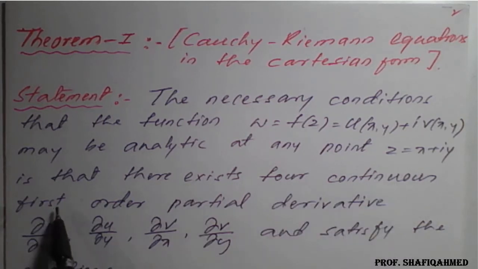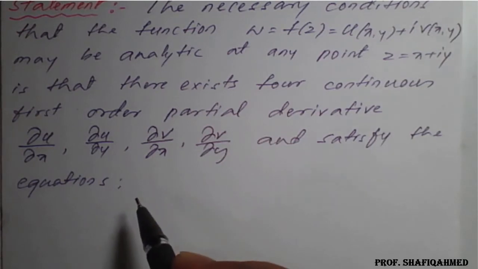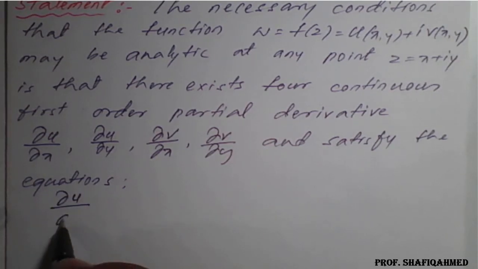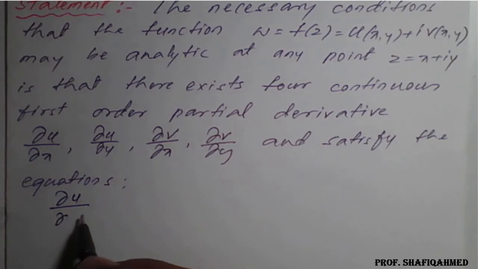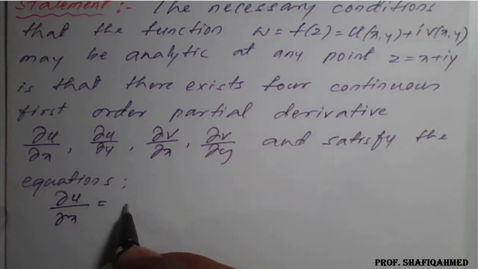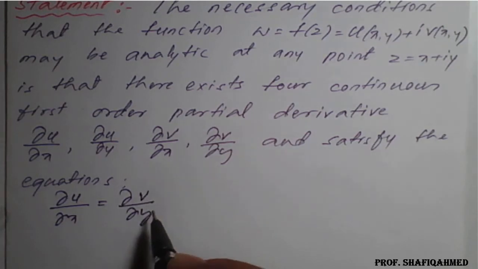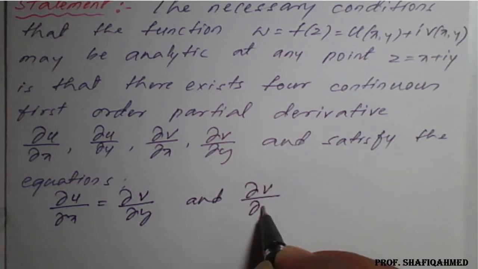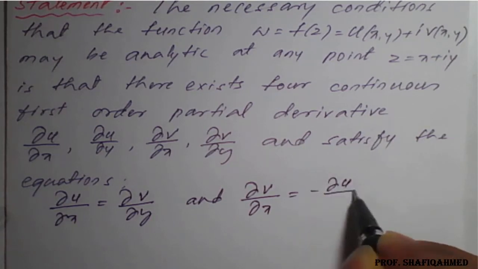four conditions for continuous first order partial derivatives, that is dou u by dou x, dou u by dou y, dou v by dou x and dou v by dou y, and satisfy the equations as dou u by dou x is equal to dou v by dou y and dou v by dou x is equal to minus dou u by dou y.